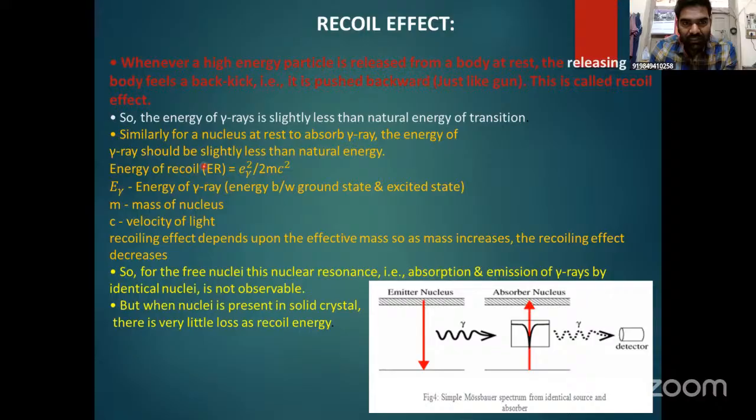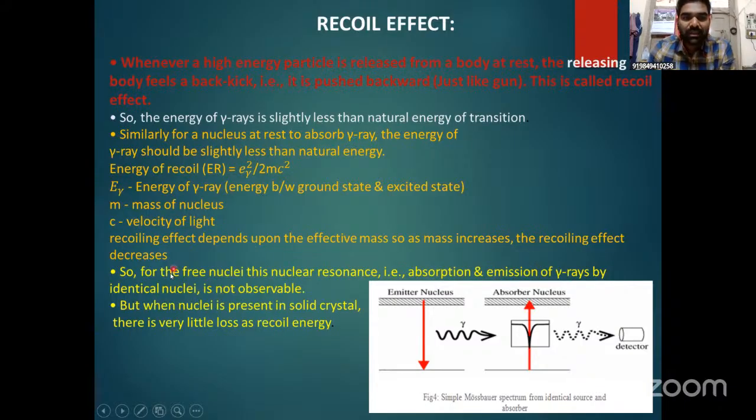The mass will be low when energy is high, and energy is low when mass is high. So it is inversely proportional, and the recoil effect depends upon the effective mass.